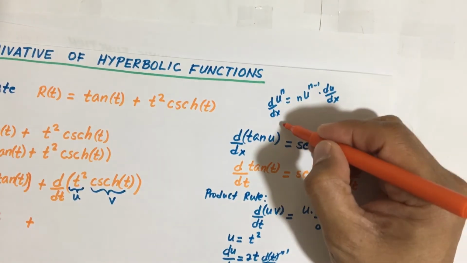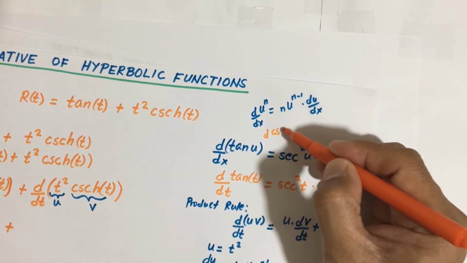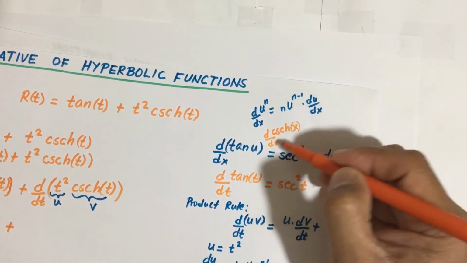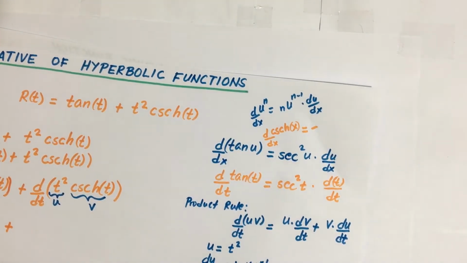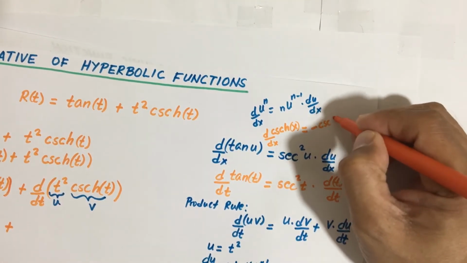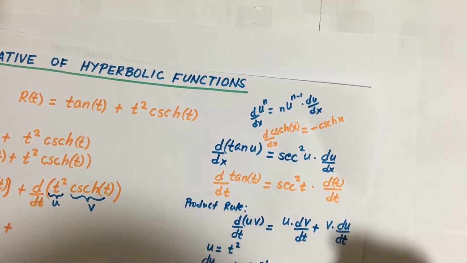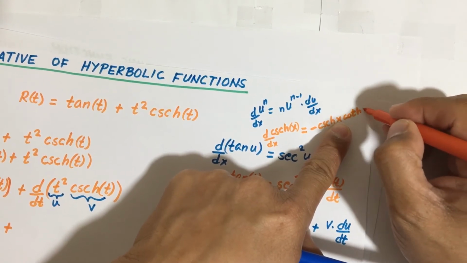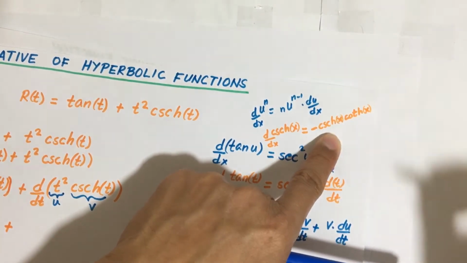The derivative of hyperbolic cosecant of x with respect to x is simply equal to minus cosecant hyperbolic x, then times hyperbolic cotangent x. Alright, you may put this inside the parenthesis or you may not, that's alright.